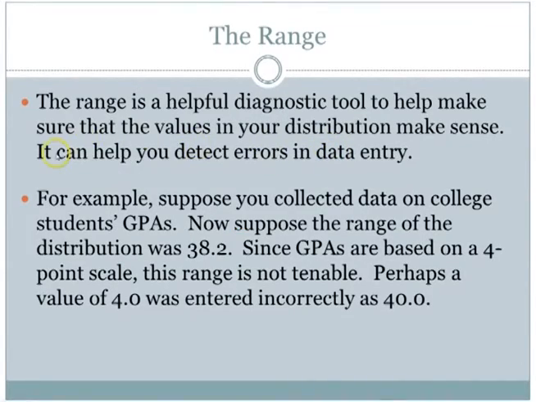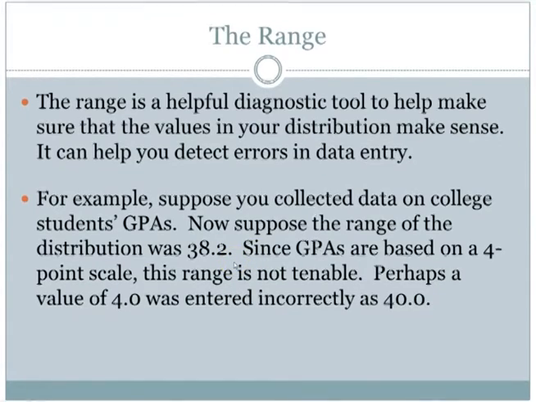It's helpful because it can help you find errors in the data. If you were looking at kindergarten students and it said the range was 36, that would let you know something's wrong, because there shouldn't be that much variation in kindergarten unless you counted the teacher by accident, and then that's your mistake. You figured out what went wrong. Another example would be if you collect data on GPAs of college students, and it says the range was 38.2.